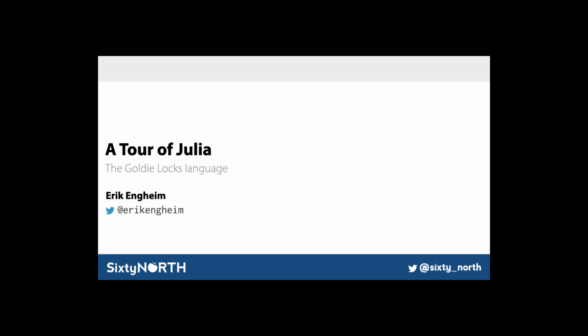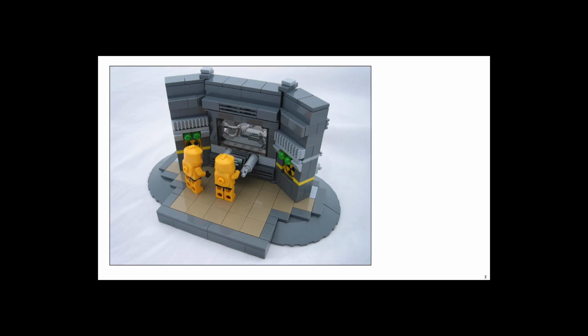So let's get started. So how did Julia come about? Well, I try to popularize this a little bit with this little example. Basically, there was a discussion going on, or has been going on for many years in the scientific community, where they've been using a lot of languages like Fortran, and people don't like using Fortran.